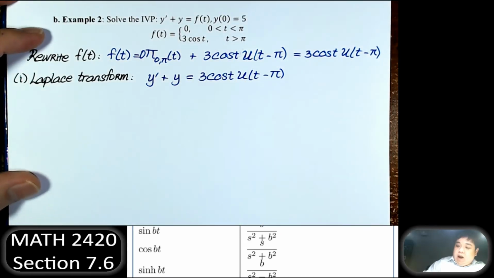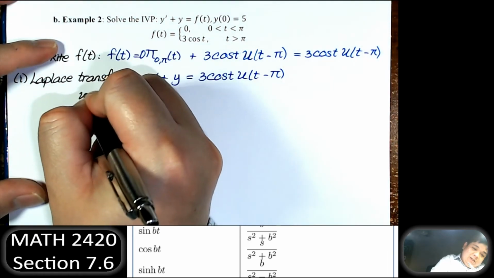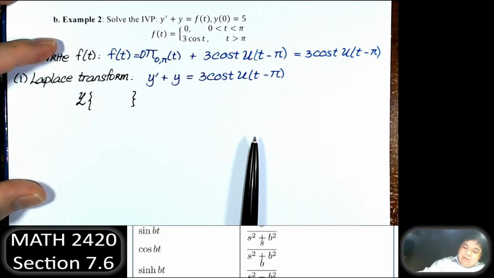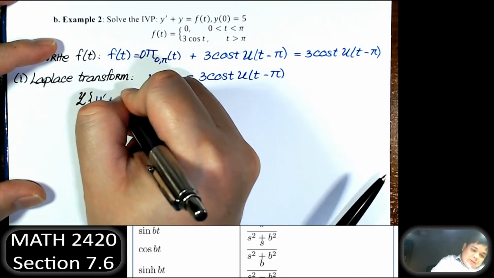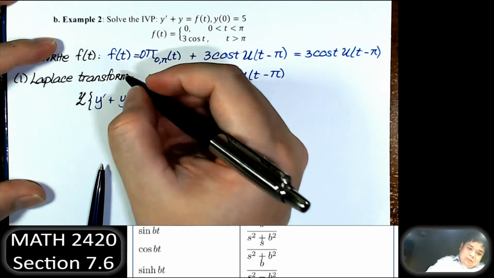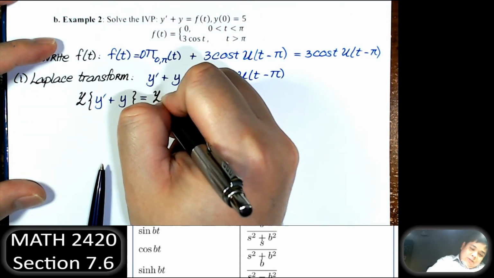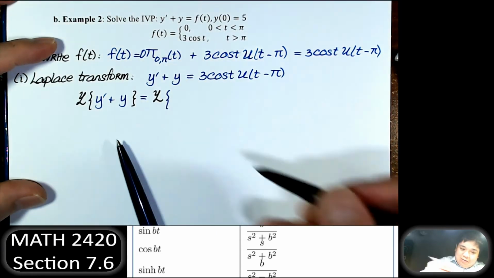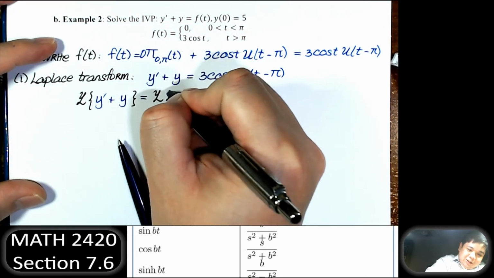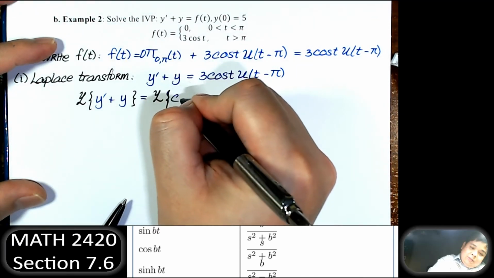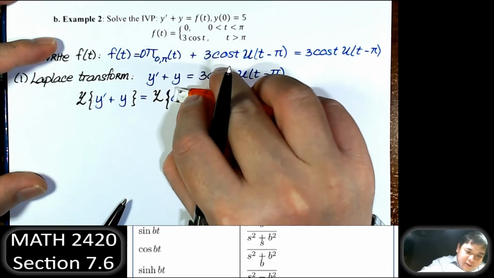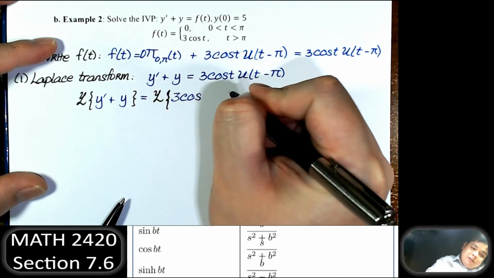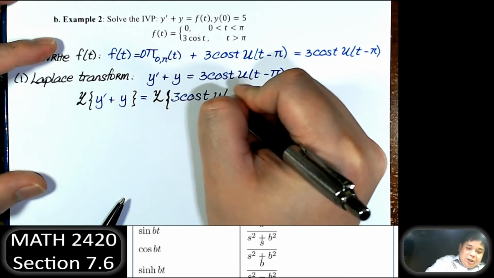Now we apply the Laplace transform to 3 cosine t u of t minus pi.